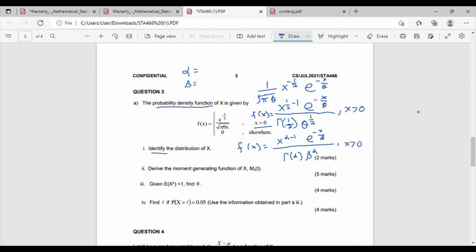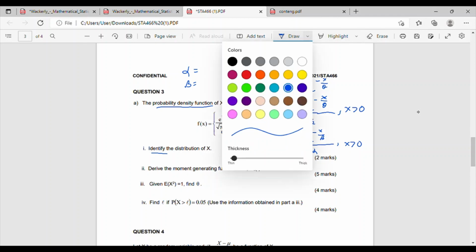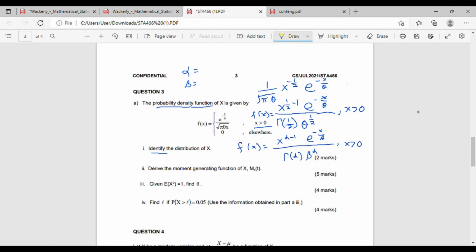Okay, so cuba comparekan dua ni. So if we compare these two, this one will be alpha, this one will be beta.